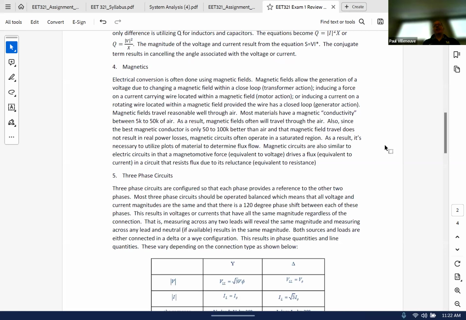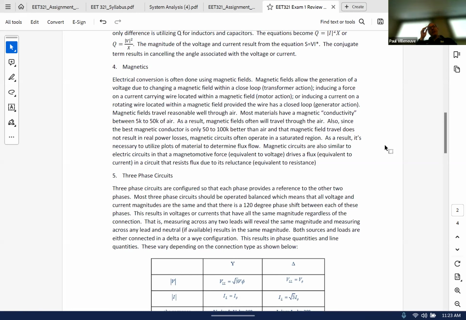Important to understand how we can get MMF, magnetomotive force, which drives our flux through our core. We also have some leakages, and we saw that when we did transformer modeling. We had some leakage there, and we had to magnetize our magnetic material and get all the norths and the souths lined up, et cetera.